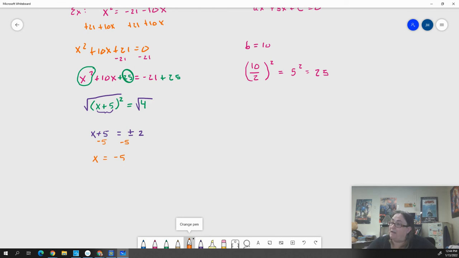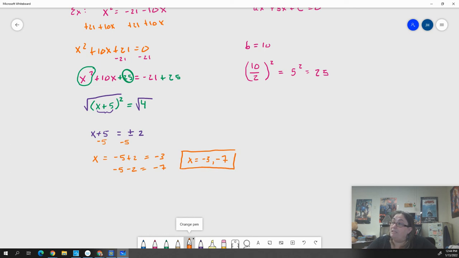I have minus 5 plus 2, but I also have minus 5 minus 2, right? So minus 5 plus 2 gives me negative 3, and negative 5 minus 2 equals negative 7. And so my solutions are x equals negative 3 and negative 7.